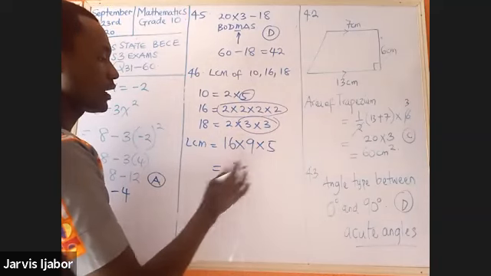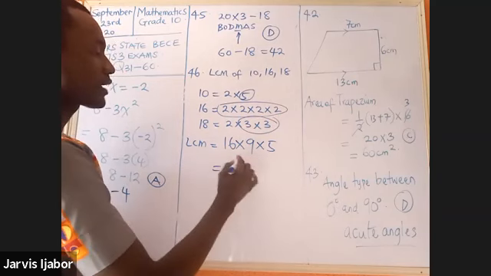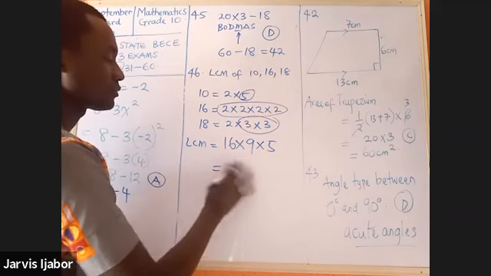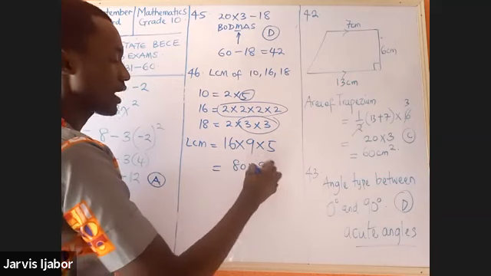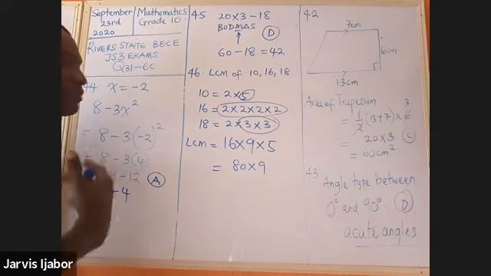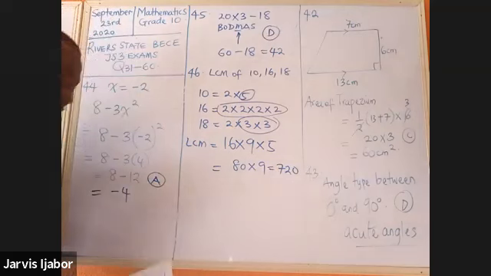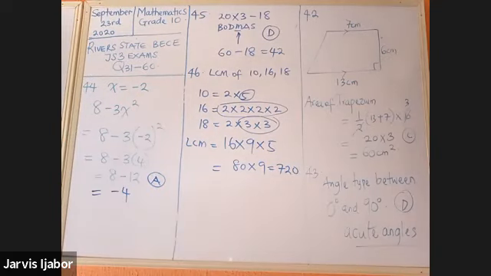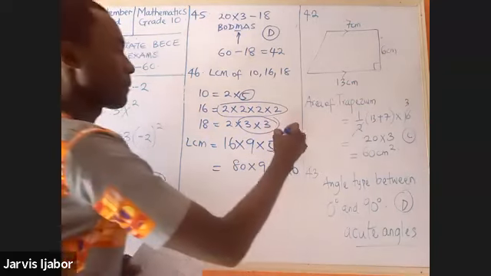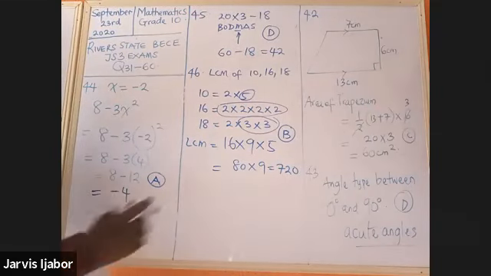So that will give me 80 times 9. Notice the way I'm multiplying in my head, so that my work is easy. That will be 720. So the answer is what? 720. And that is B. Option B becomes the correct answer.